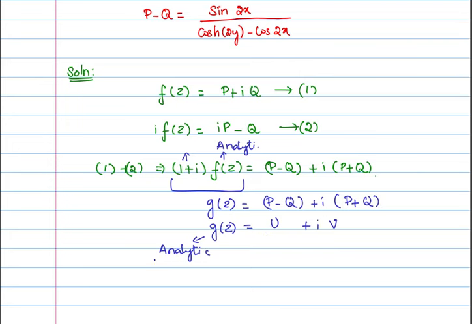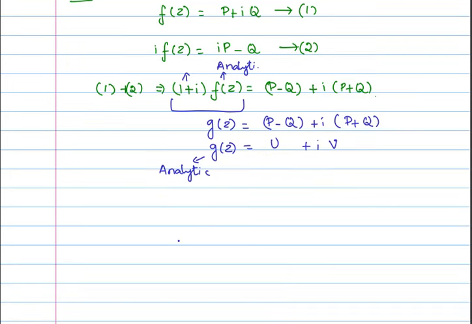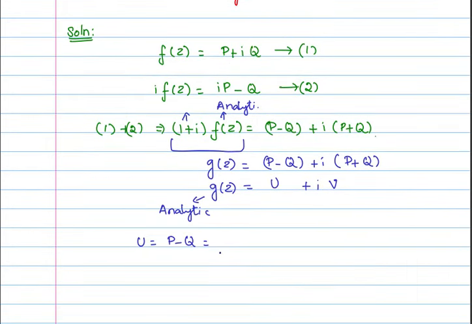Now I want to determine what g of z is first. So what is U? U equals P minus Q, which is the given function in the problem, sin 2x divided by cosh 2y minus cos 2x.